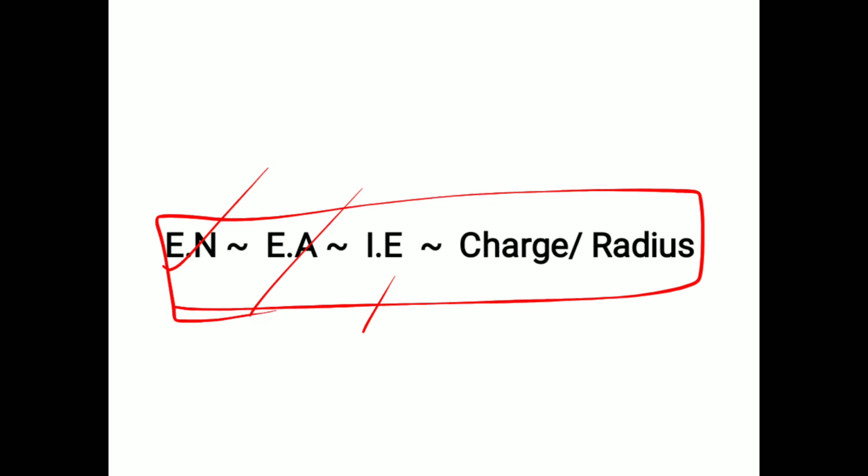So here the electronegativity, electron affinity and ionization energy are all proportional to, I don't have the proportional symbol right now, so I give this as a proportional symbol, charge by radius. In a group the charge remains the same for all the members of that group.